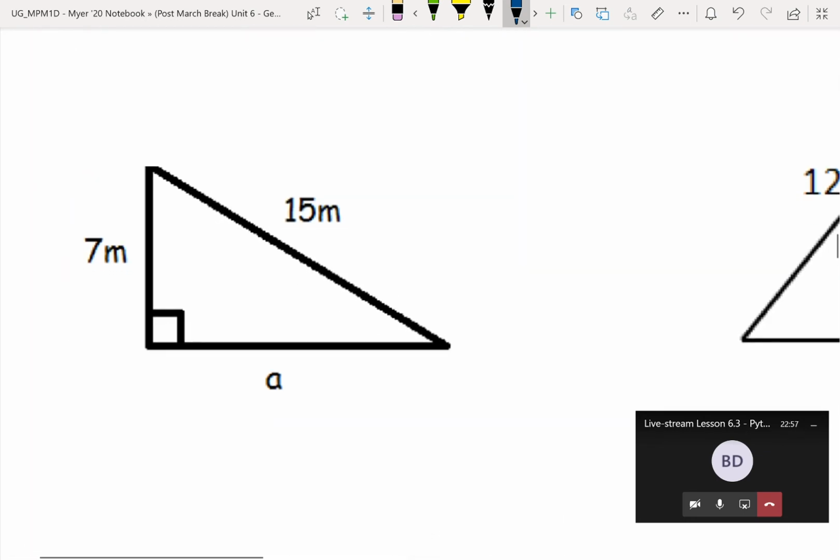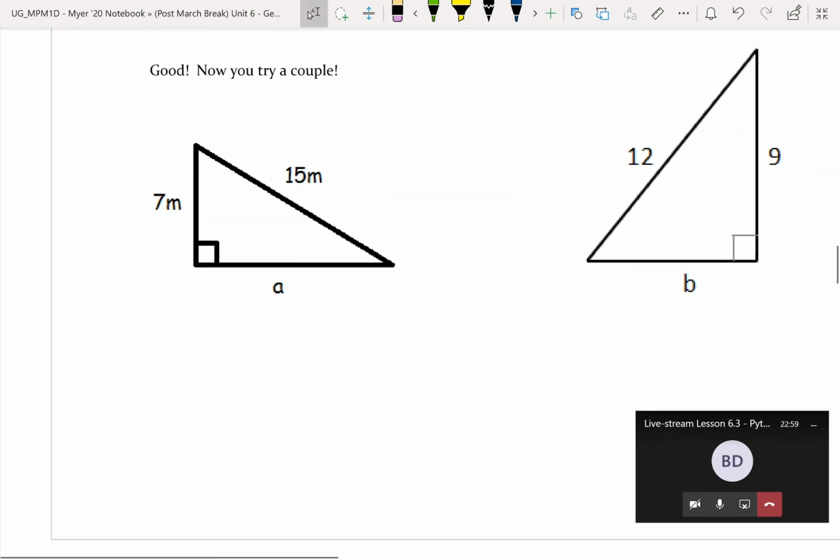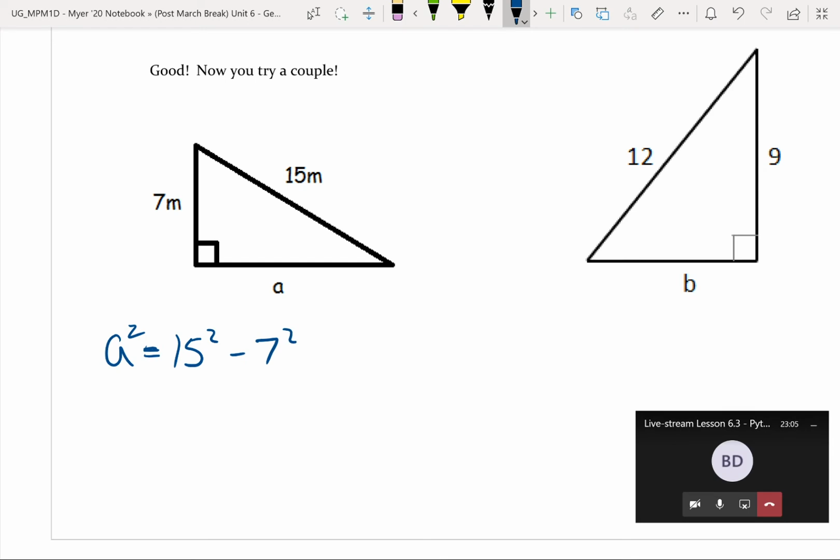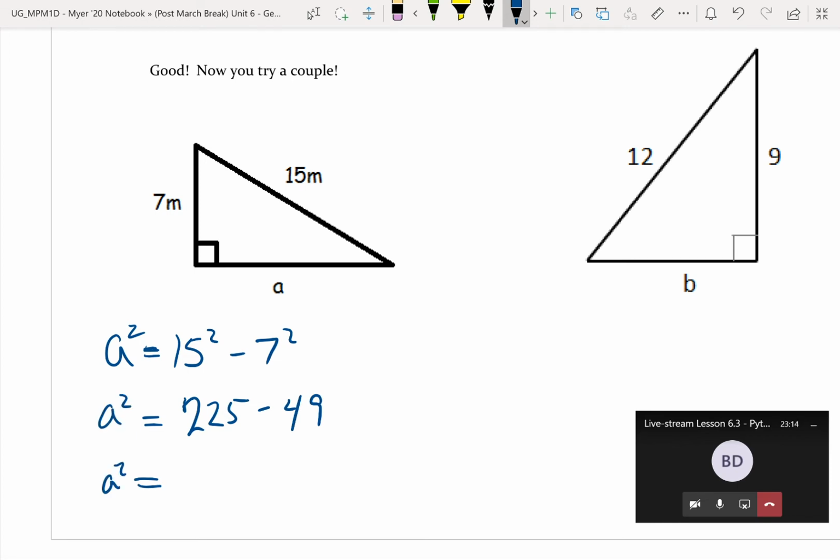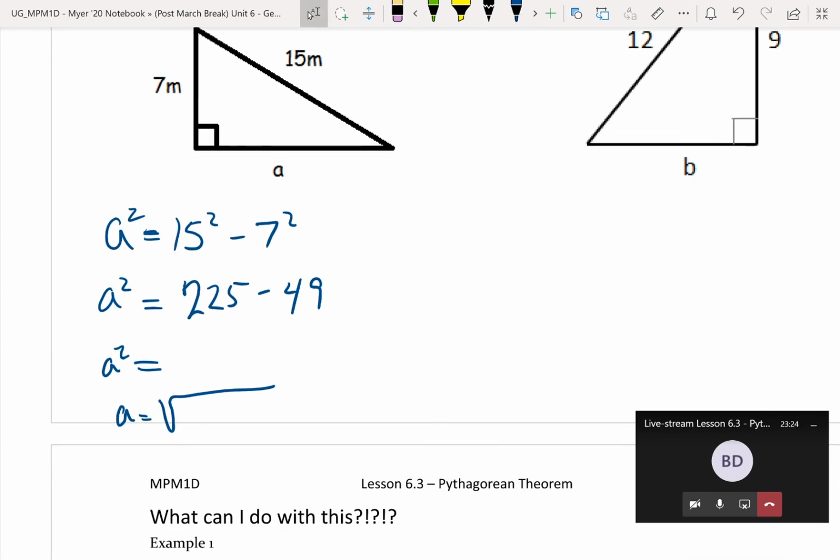So let's take a couple examples here. For solving for a, all we do is a squared is equal to the longest side, which is 15 squared, subtracted by one of the short sides. So we have 225 minus 49. That's a squared. A is equal to, and the last thing we know is we're going to take the square root. So if we subtract the 40 first, we're down to 185. 185 minus 9 is 176.